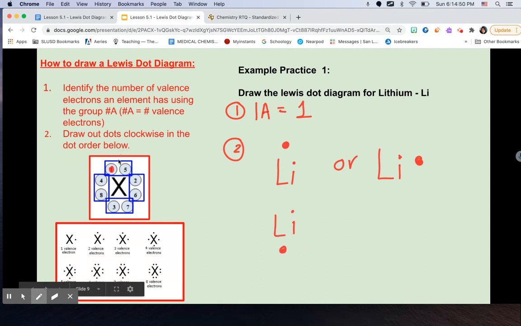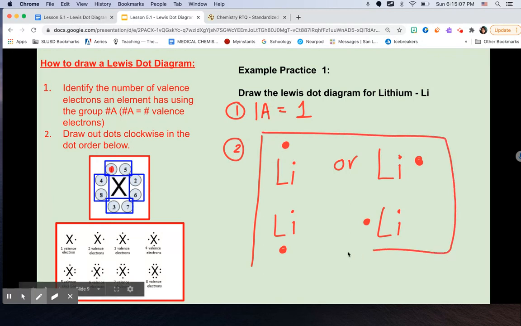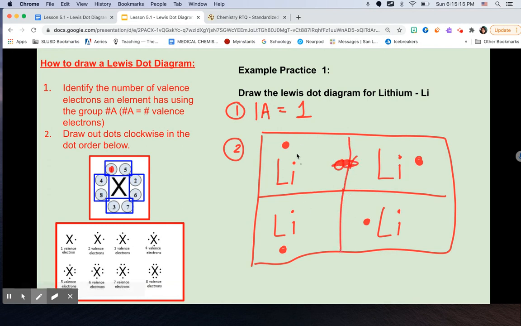But I usually follow this model, starting from the top and then working my way clockwise and back around again. There could be one more option, so let me just draw that. All four of these answers could be correct. So either draw it like this, this, or this.